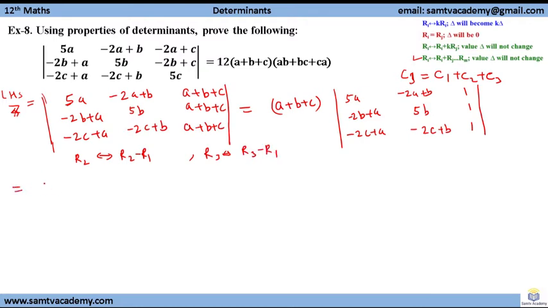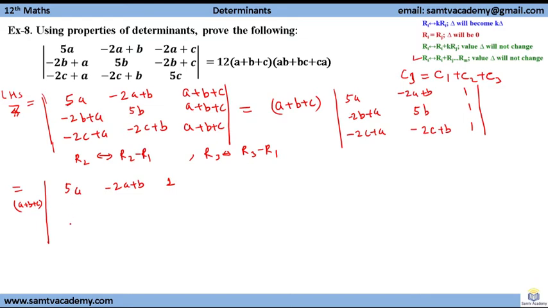Now you have a + b + c outside, and the first row we can write as it is: 5a, minus 2a plus b, and 1. Now the second row is subtracted by row 1.